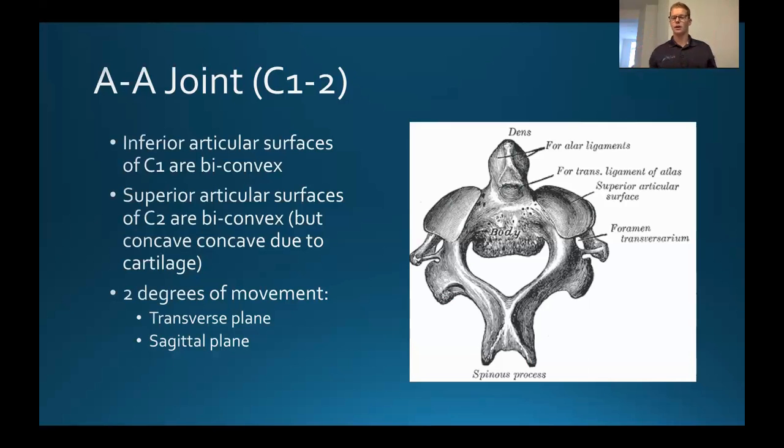But in that region, we have cartilage buildup on both the inferior part of C1 and the part of C2 where it meets it, and those actually turn into a concave on concave situation. It doesn't matter too much because the rotary movement is what's really important in this region, but just know that the bony structures are going to be different than what the cartilage actually looks like, changing the anatomical orientation.